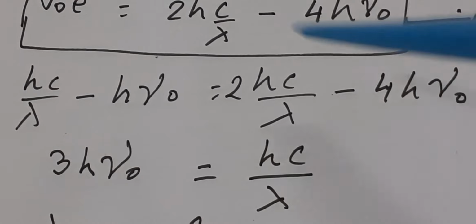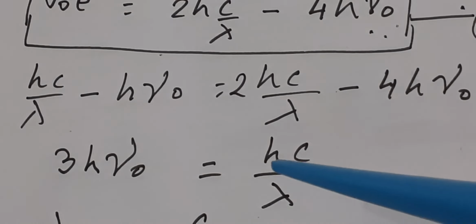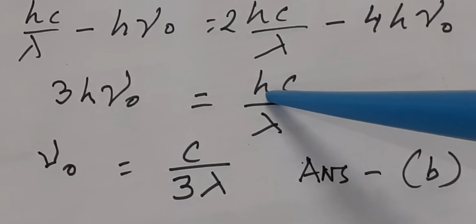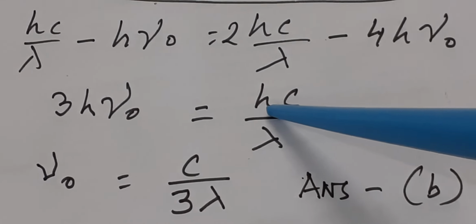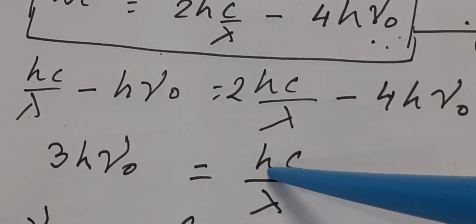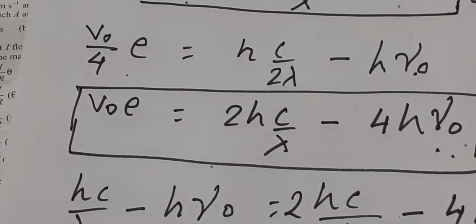Make this the subject: bring it to the left side, thrice h nu naught, and bring the other to the right side, you will get h c by lambda. So nu naught will be c by thrice lambda. That is the minimum frequency required, the threshold frequency, to get the metal activated for the photoelectric effect.